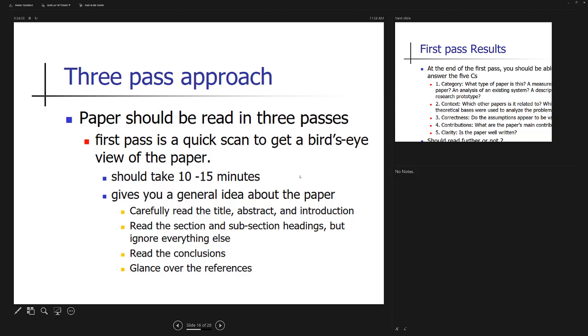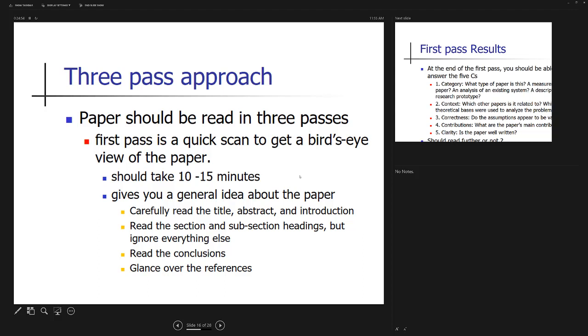So papers should be read in 3 phases, in 3 steps. The first step will take 10 to 20 minutes of yours. You should take just a glimpse of the paper.